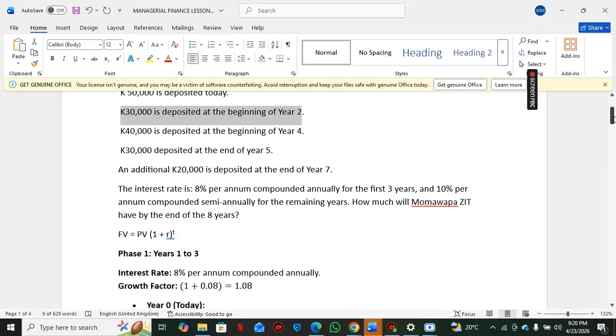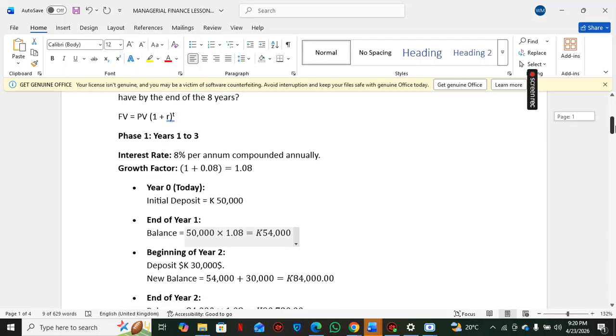30,000 is deposited at the beginning of year two. So, remember, at the end of year one, we have 54,000. Then we've added in a 30,000. So 54,000 plus 30,000, we have 84,000 in total at the beginning of year two. Remember, this amount is growing by 8%.